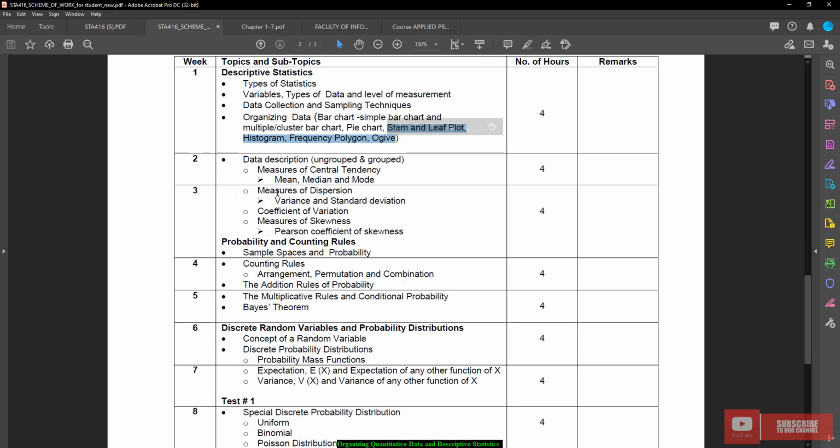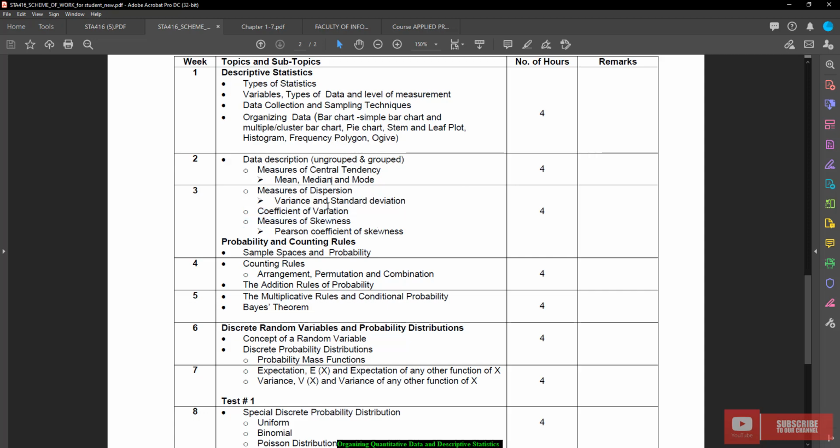Right. Now, for the second part we want to know the data description. This is still under topic number 1. Right. So under this data description, we will look into grouped data and ungrouped data. Right. So we will cover measure of central tendency, measure of dispersion, coefficient of variation, and the skewness of the data distribution.